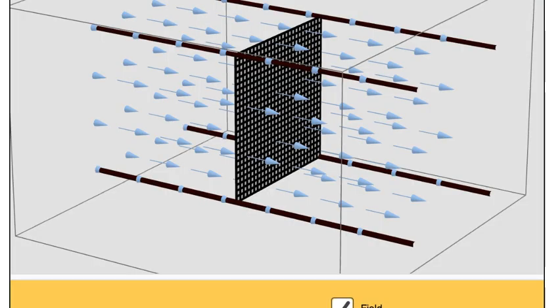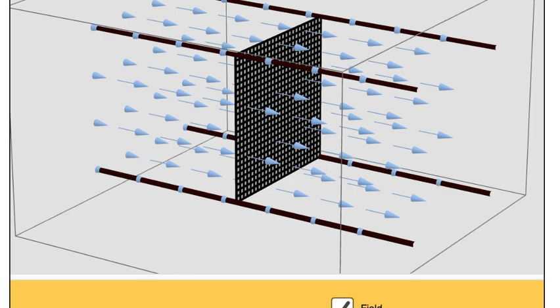So here's an animation of how you should think about flux. Remember, the idea of flux is that it represents the amount of material or substance that goes through a specific surface. In this case, our surface is this square, and we have maybe a cross section of some tube where water is running through, represented by these vectors.